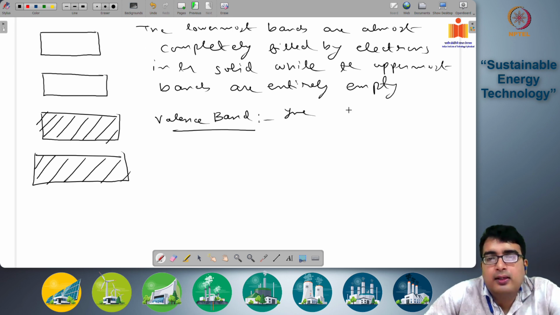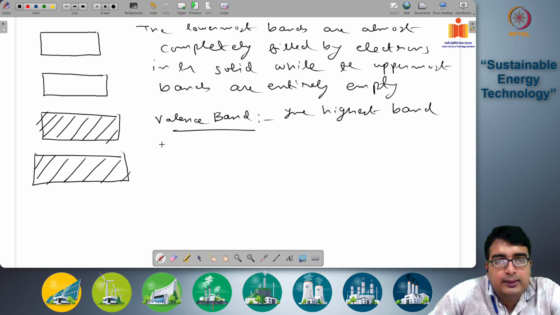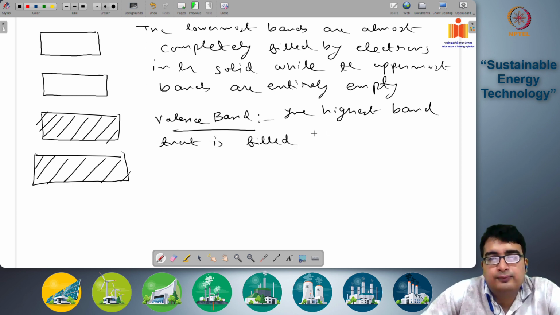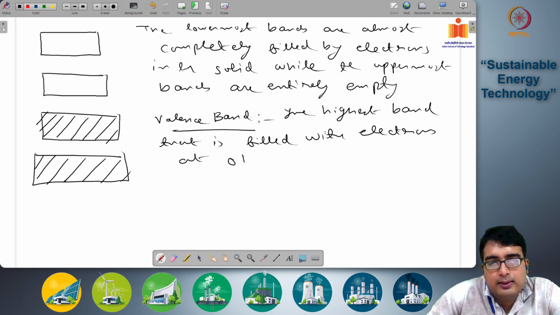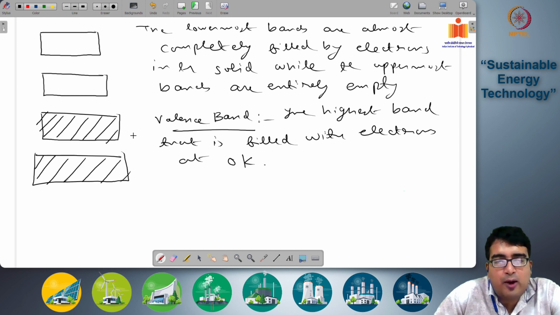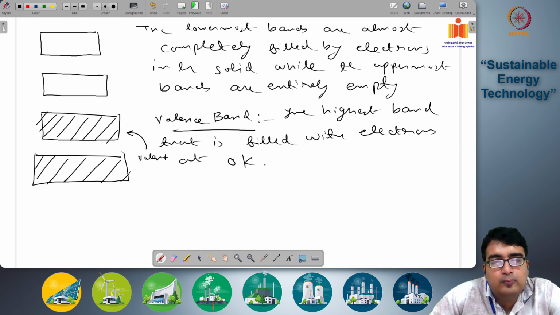This is the highest band that is filled with electrons at 0 Kelvin. So for our case, this is our valence band.